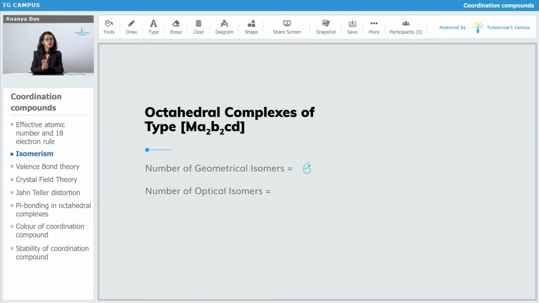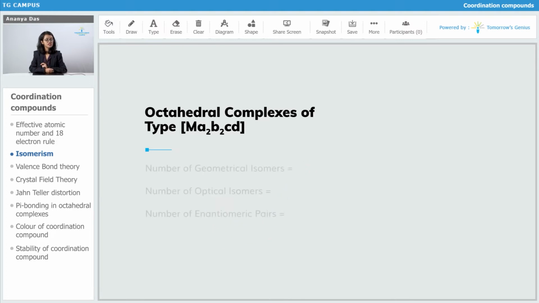So the number of optically active pairs was 2. There were 2 optically active pairs and 4 optically inactive pairs. So 2 optically active pairs are going to give you 4 isomers, because 1 optically active pair gives you 2 isomers, that is dextrorotatory and levorotatory. So the number of optical isomers is 4.